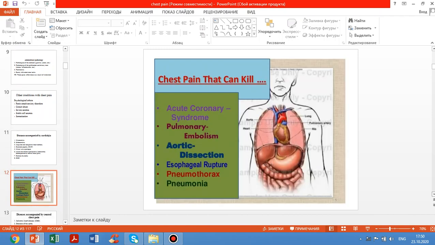Diseases with chest pain that can kill. It means life-threatening conditions. Those are acute coronary syndrome, pulmonary embolism, aortic dissection, esophageal rupture, pneumothorax, and pneumonia.